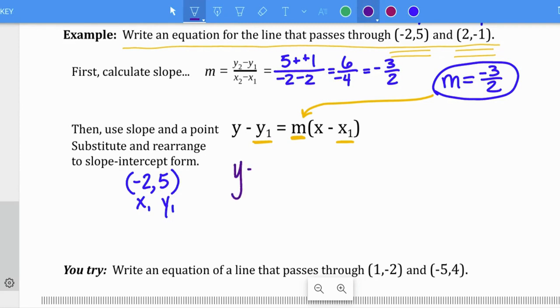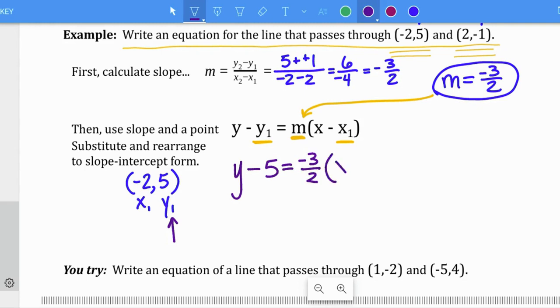Y minus y1, right? The y coordinate from the point that I know is a solution is 5. So y minus 5 is equal to, I'm going to use the slope I already calculated between these 2 points, which is -3/2.